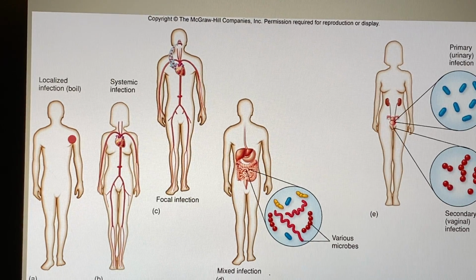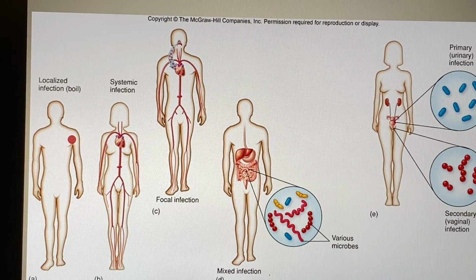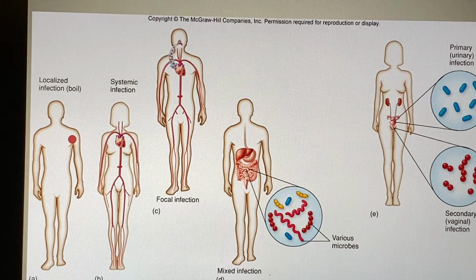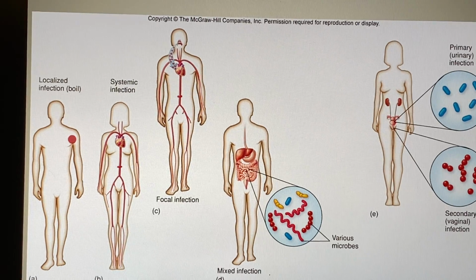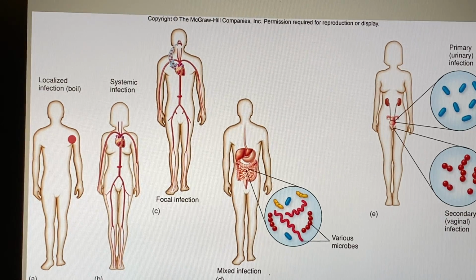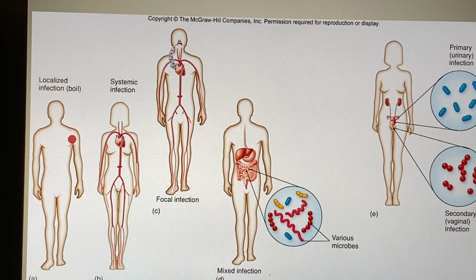But then for whatever reason, the bacteria tends to travel to the heart. So this is why strep throat needs to be taken really seriously, especially in pediatric patients. In adults, when we get strep throat, we can usually tough it out without antibiotics, and our immune system will step up and take care of it.